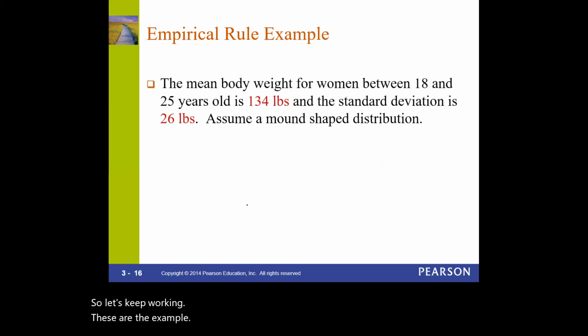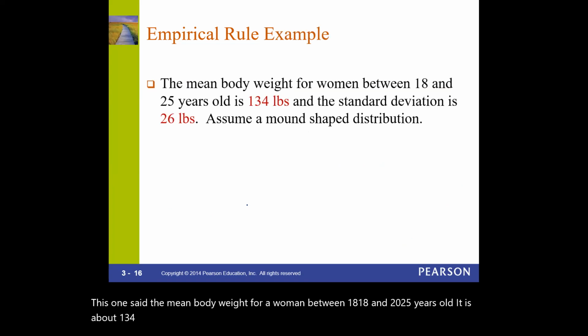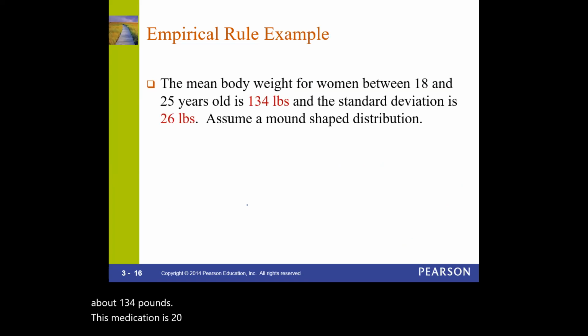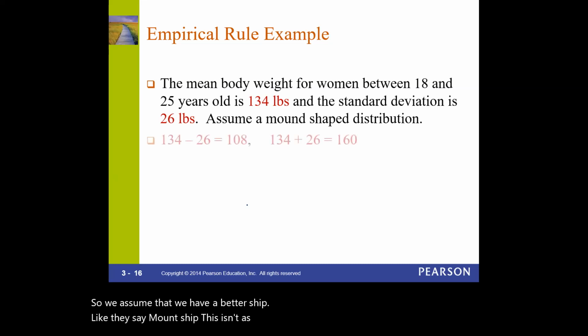This one says the mean body weight for a woman between 18 and 25 years old is about 134 pounds. The standard deviation is 26 pounds. So we assume that we have a bell shape, a mound shape. So what do we have here?